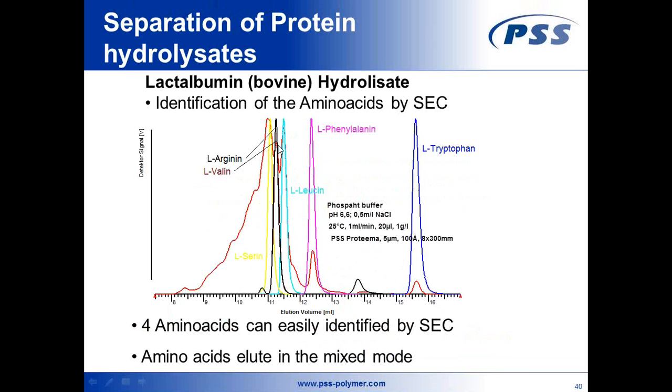You can identify the arginine, the phenylalanine, the tryptophan, and the leucine easily as part of the hydrolyzed lactalbumin bovine hydrolyzed protein. So even amino acid separation can be done, and SEC can be used to get some amino acid information after hydrolysation.